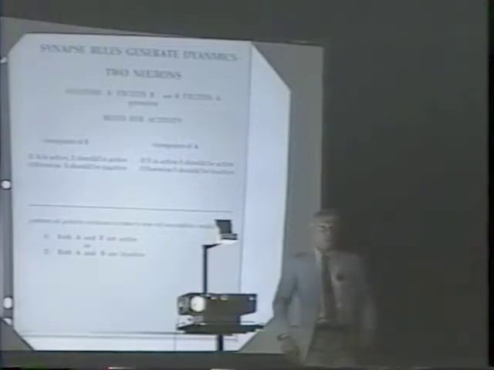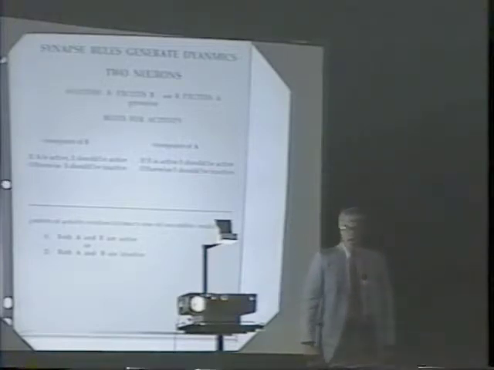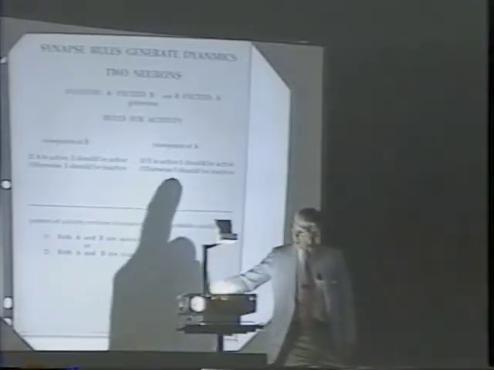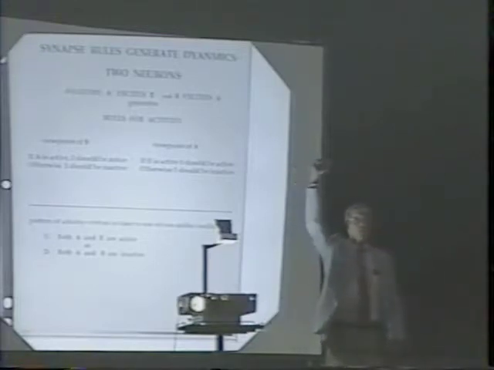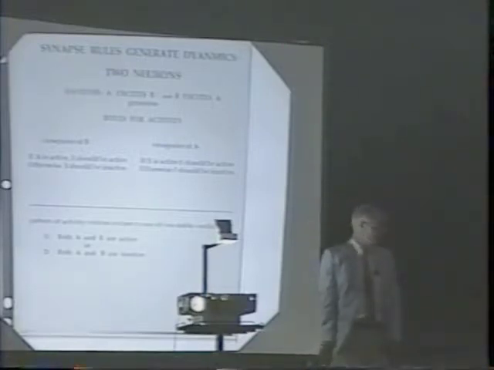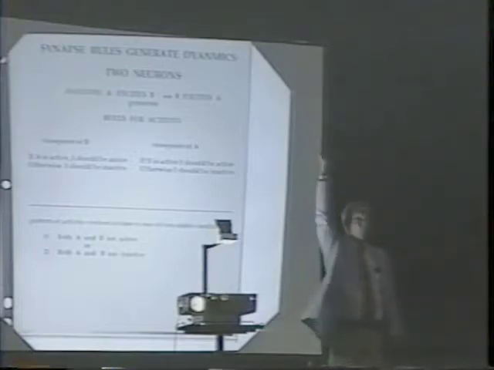If, on the other hand, I started with both of them inactive, A will look at B and say, B isn't doing anything. Well, therefore, I should be inactive. B will look at A and say, no reason for me to do anything either, boss. And so the system will just stay there like that. If I started with a system like this, with A active and B inactive, A may look at B and say, no reason for me to be active. Then B looks over, no reason for me to do anything either. Or it could have gone the other way.